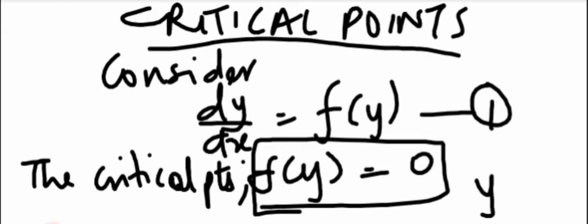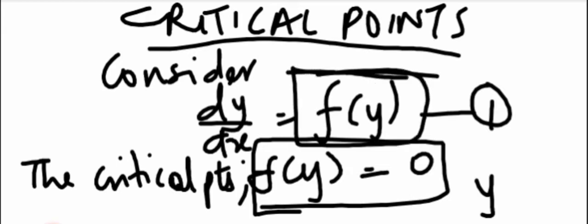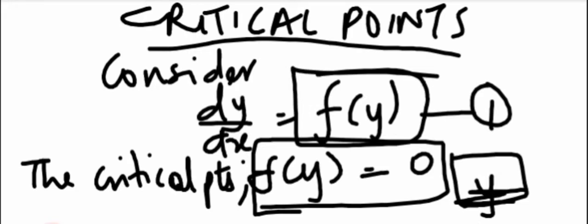If you equate the expression at this side, your f of y, to 0, you get your critical points, your y. I would like you to know at this point that critical points are also called equilibrium points. We'll see that as we go on.